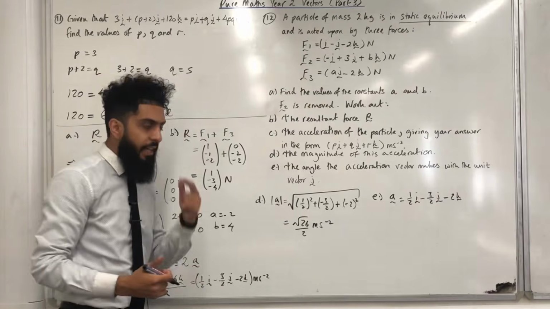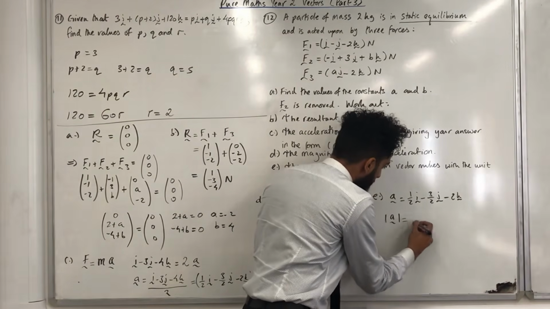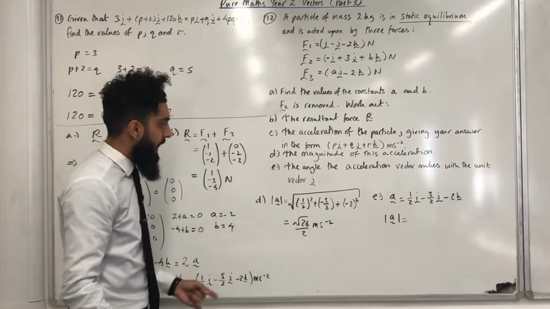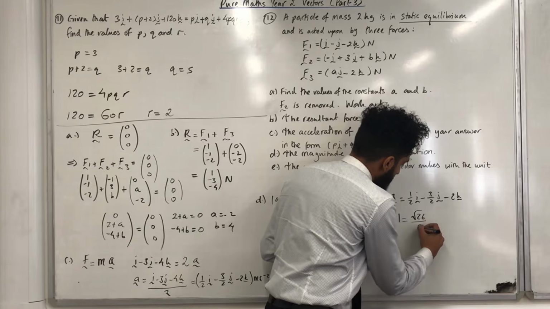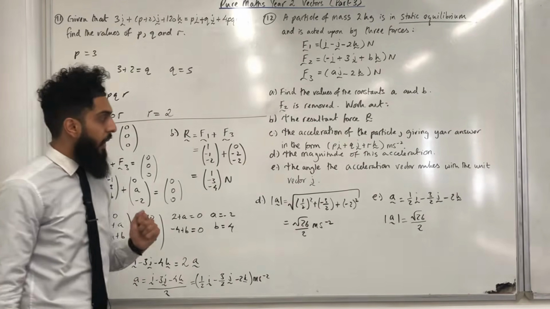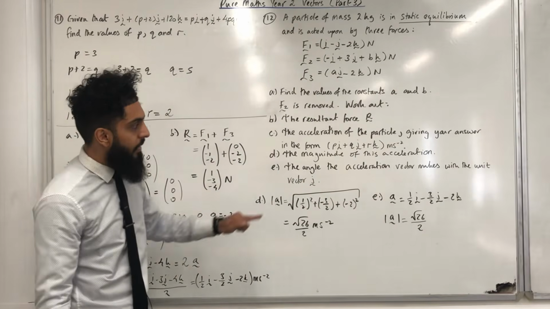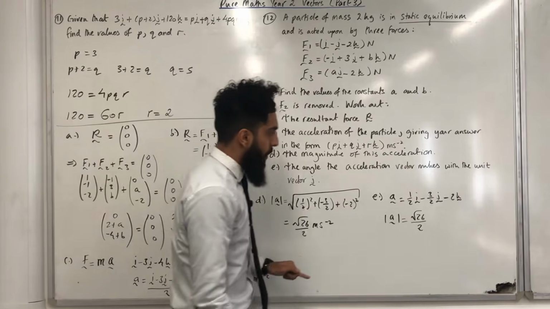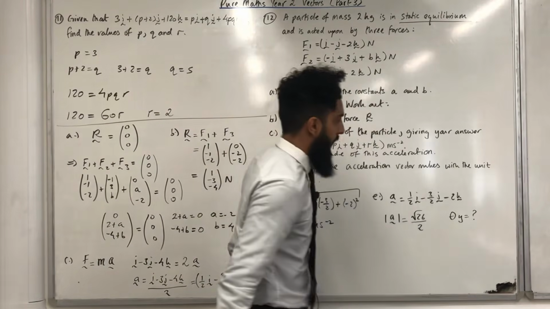So first of all, I can calculate the magnitude of the vector A, which I've already done in part D. This is square root 26 over 2. Now I can call theta y the angle between the acceleration vector A and the y-axis, or you could say the unit vector j. We want to work out theta y.